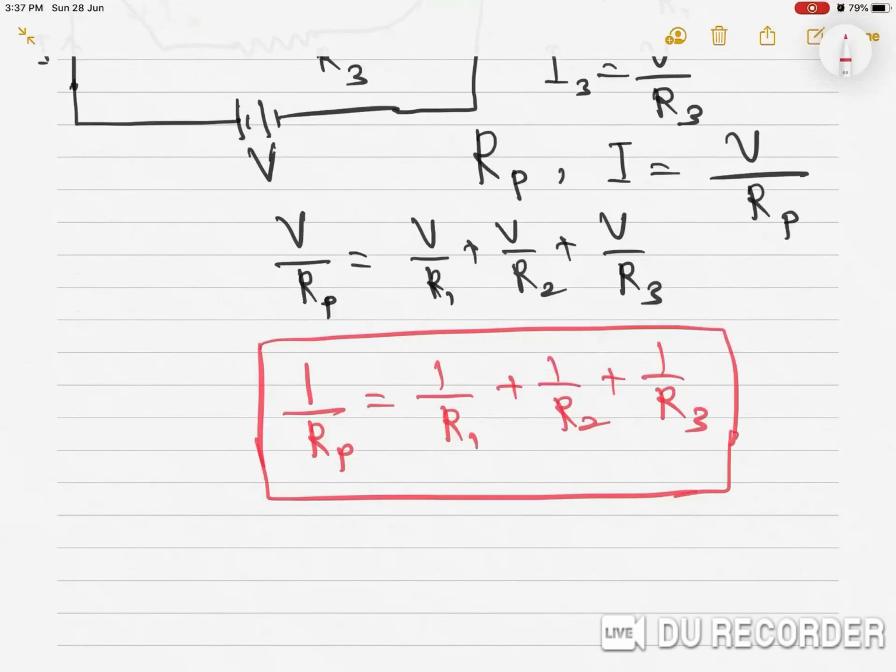As we know, resistance is equal to resistivity multiplied by length upon area, because area is increased, resistance will decrease. So, if we want more resistance, we should connect the resistors in series, and if we want less resistance from the combination of resistors, we should connect them in parallel.